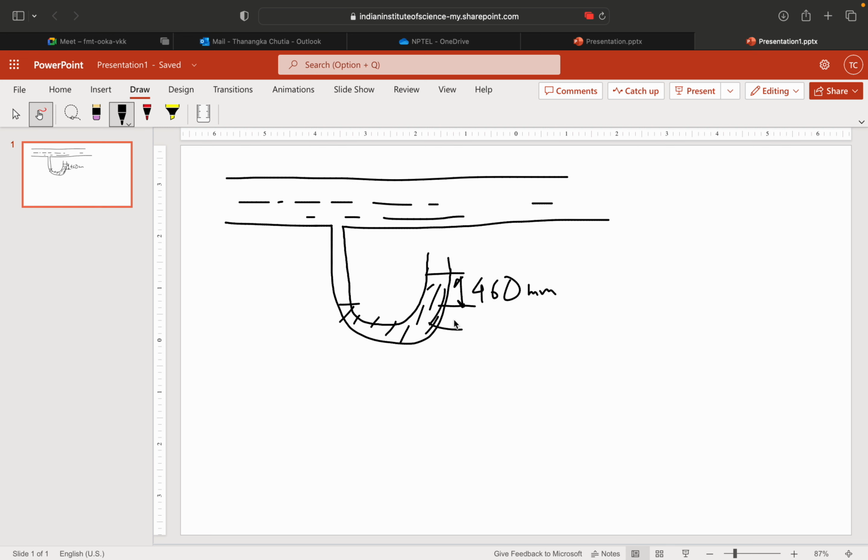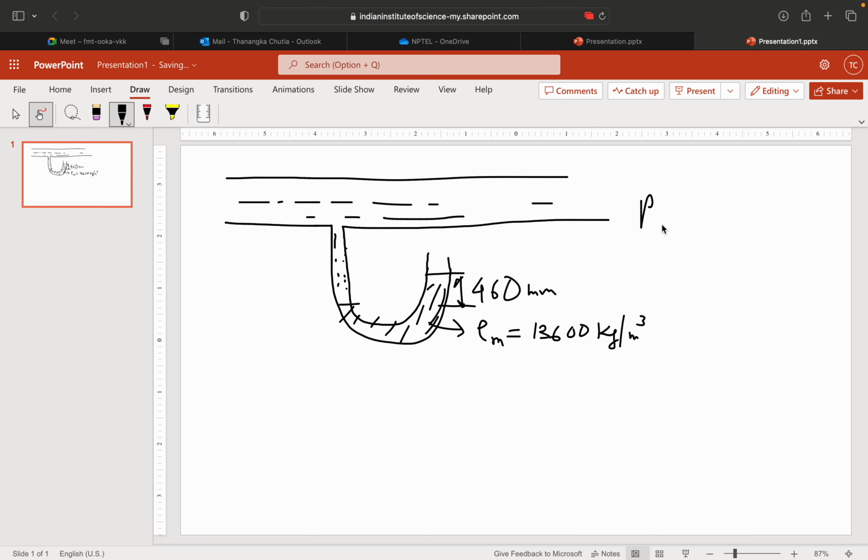This is my rho mercury, which is equal to 13600 kg per meter cube, it was given. And we have to measure the pressure of the gas.